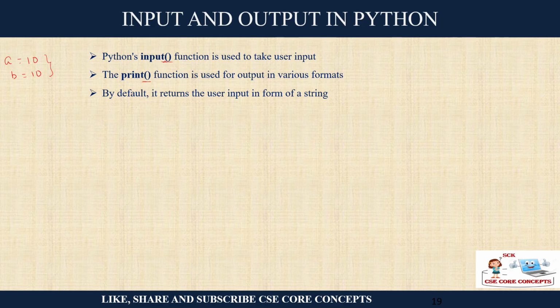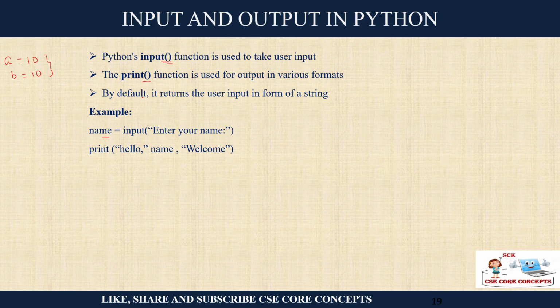By default, the input function takes the value as a string and prints also in the string data type. And if you want to convert them into other data types such as integer or float, then you have to do typecasting, which we have already discussed. And of course, we will see it when we require it in the program. Now, for example, you want to print your name or welcome somebody.